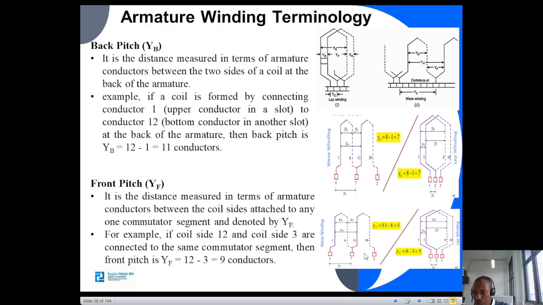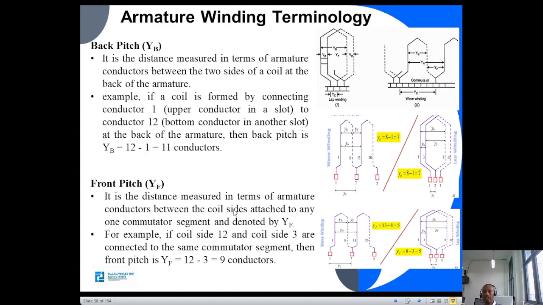When you come to the front pitch, this is a wave type of winding normally. So if the first coil side is at 1 and this coil side is at 8, and the second coil is at 30, the front pitch is the difference of these two, 30 minus 8, and in this case also it is 8 minus 3.